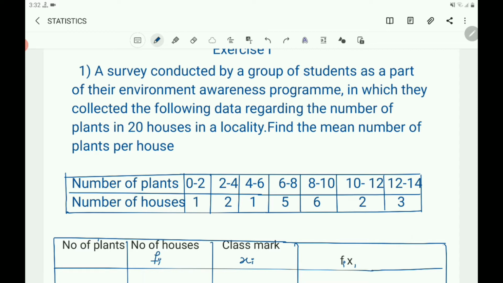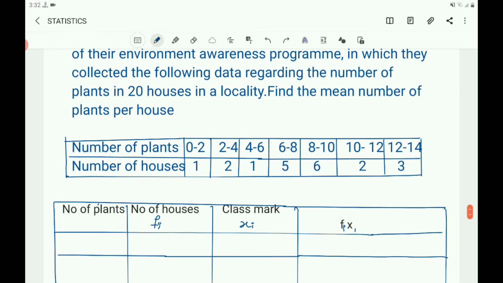Here we have to find the mean number of plants per house.